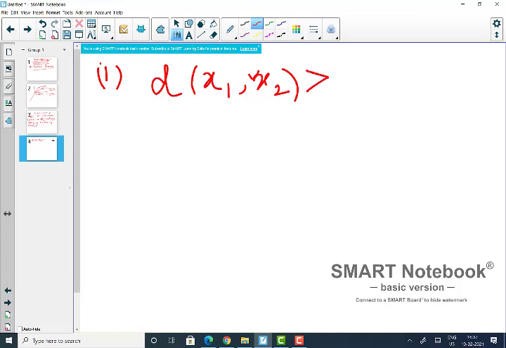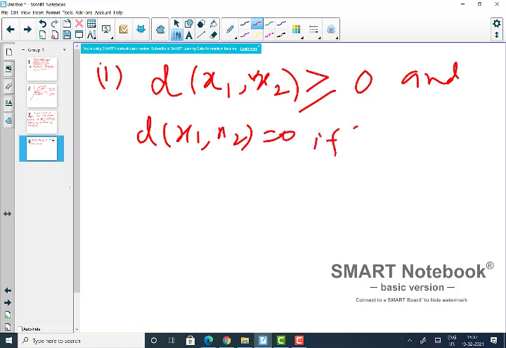This is by definition. And d of x1, x2 equals 0 if and only if x1 equals x2. This is obvious from the way I wrote the map, so I don't have to write it down.